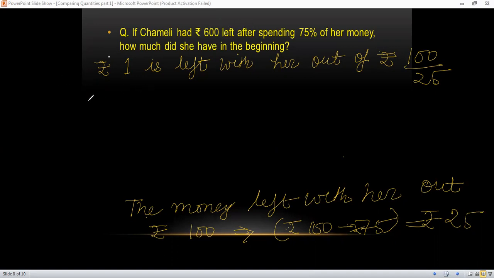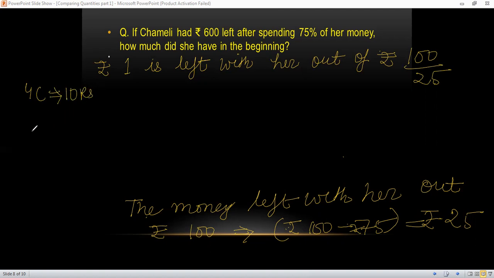So if I explain unitary method, suppose a small example I am taking over here. Suppose you have 4 chocolates and the price of 4 chocolates is 10 rupees.